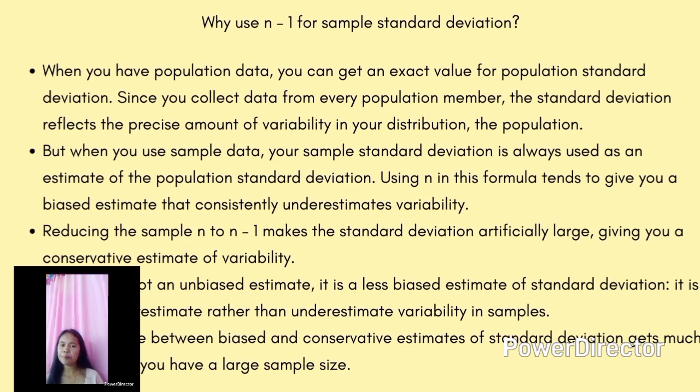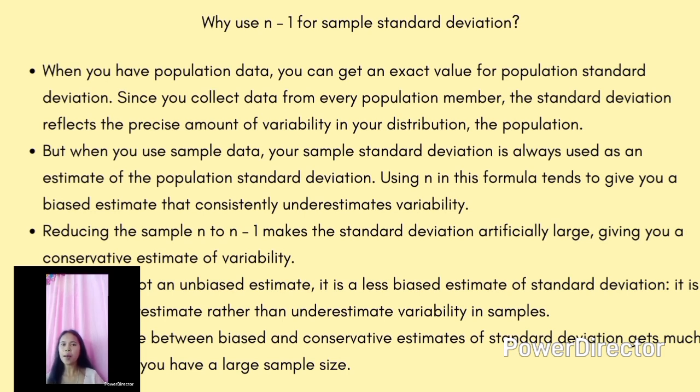So, when you have population data, you can get an exact value for population standard deviation. Since you collect data from every population member, the standard deviation reflects the precise amount of variability in your distribution, the population.